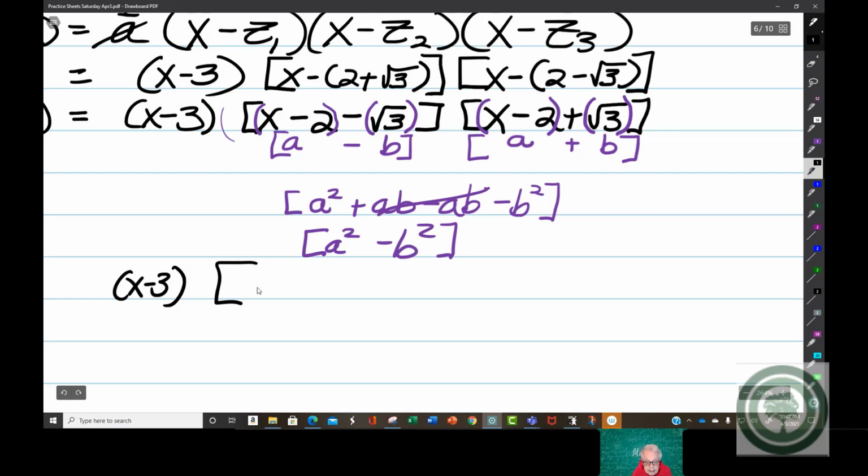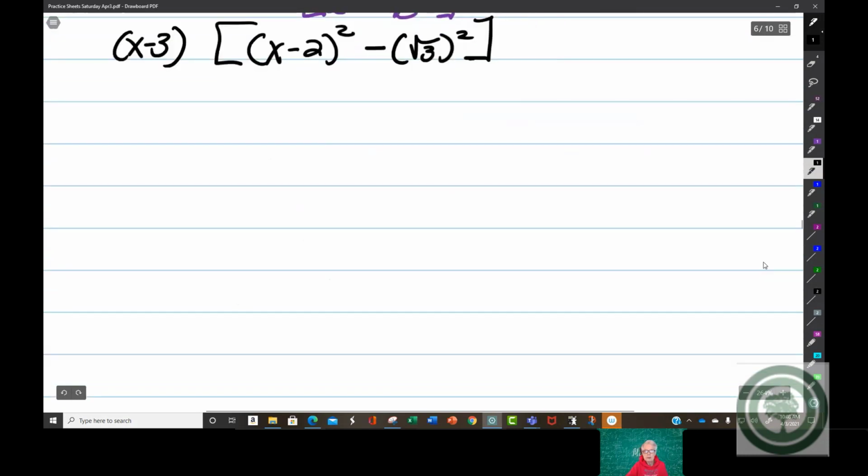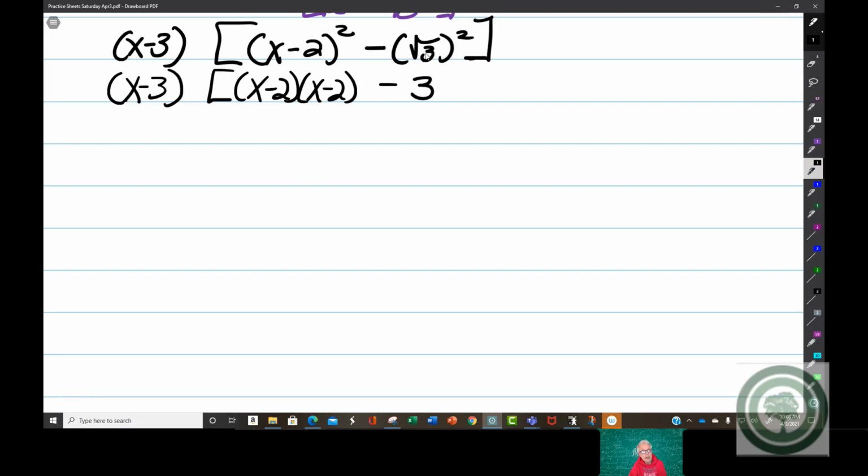I will get this, x minus 2 squared minus the square root of 3 squared. And what that will get me is x minus 2 times x minus 2 minus the square root of 3 squared is 3, because we busted him out of jail.